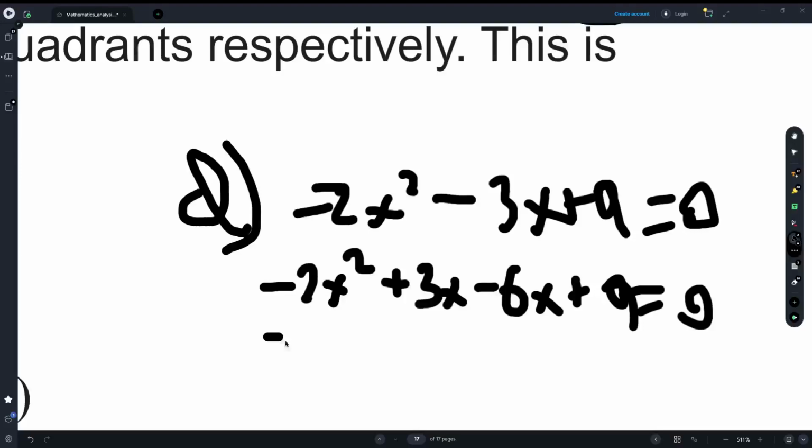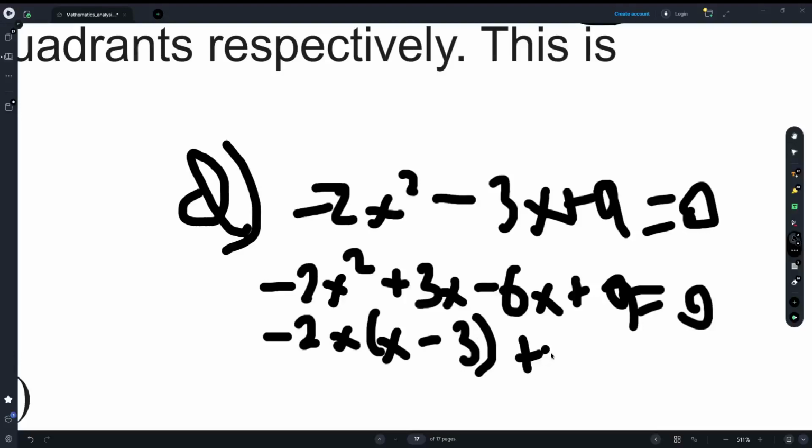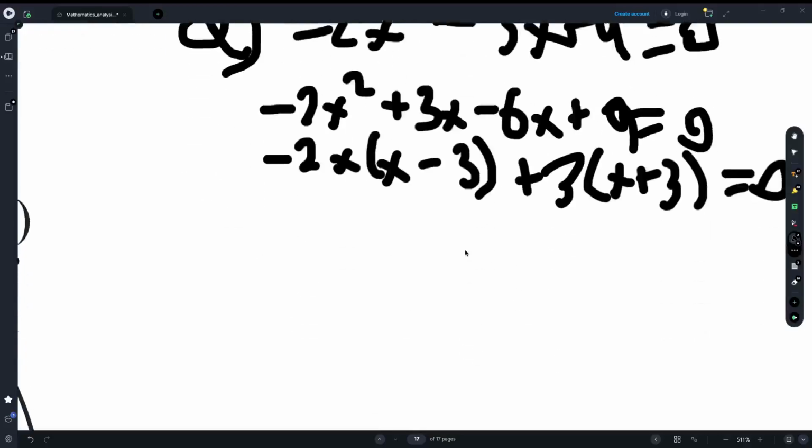Factor this. Minus 2x, I'll group these two actually. So x minus 3 plus 3x. Okay, so plus 3, x plus 3 equals 0. This is factoring a quadratic.